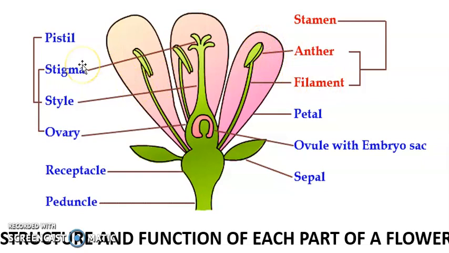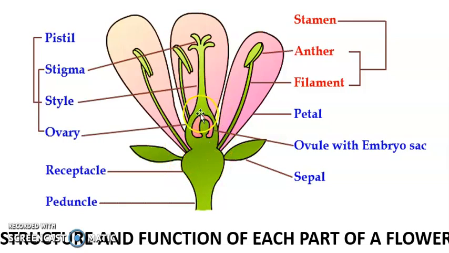And then the female reproductive organ is pistil. So pistil consists of stigma, style and ovary, and one more is ovule. Okay, so pistil consists of stigma, style, ovary and ovule.